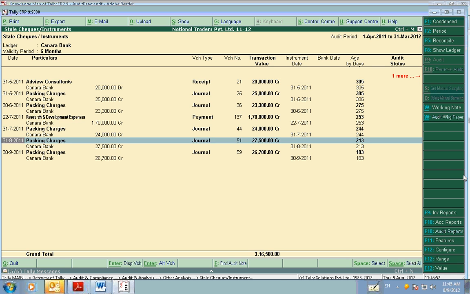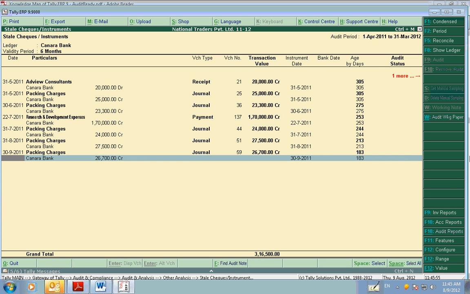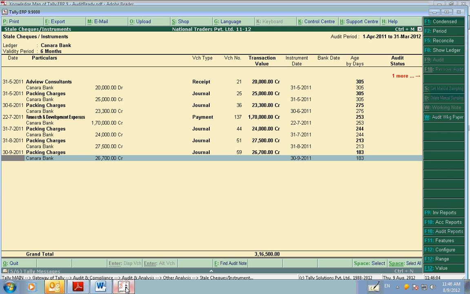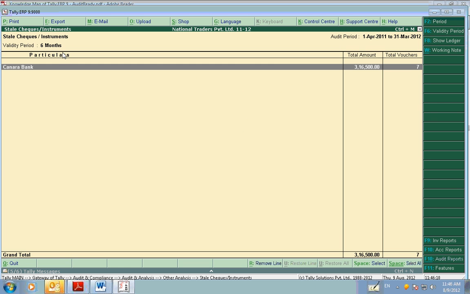Age by days. If you check on the main screen, the sales cheque instrument ledger, Canara Bank, the validity period shows 6 months. That was the previous validity period. Now RBI has changed it to 3 months.